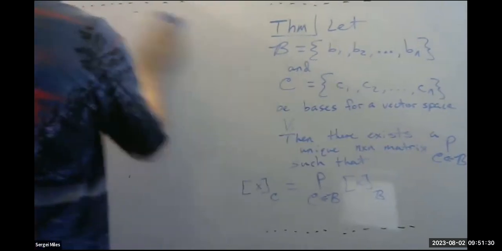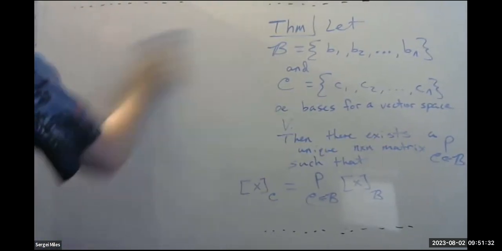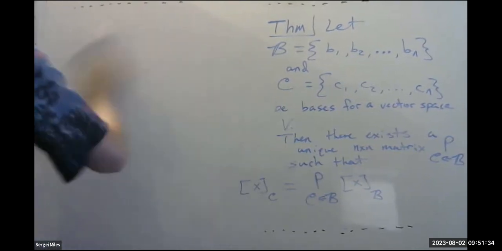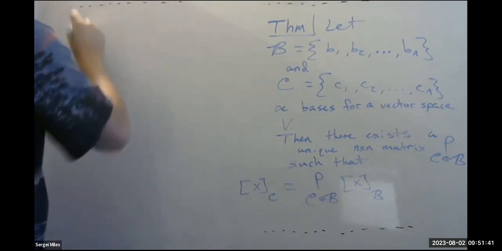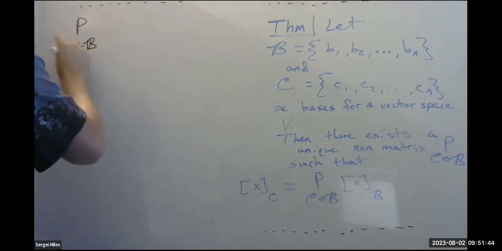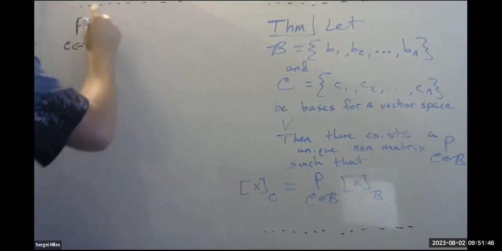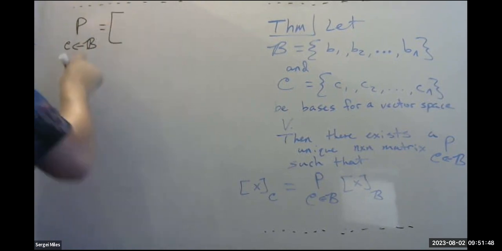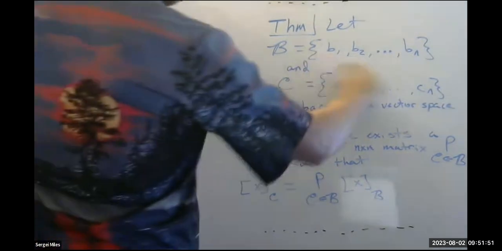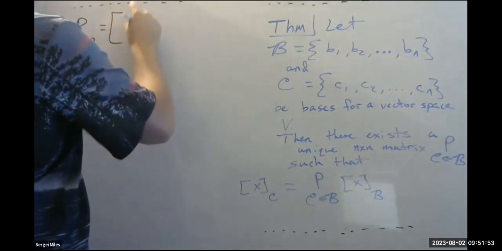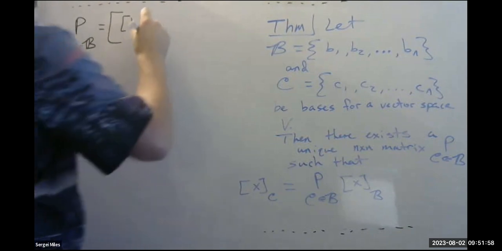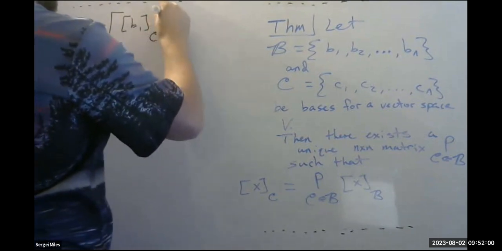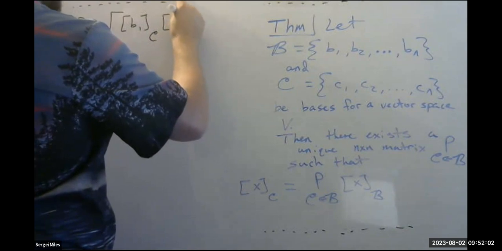Well, just like we did in the example, for the matrix which changes from B into the other basis, I have to know how each of my B vectors, the basis I'm starting in, are rewritten in terms of the basis I am going to.